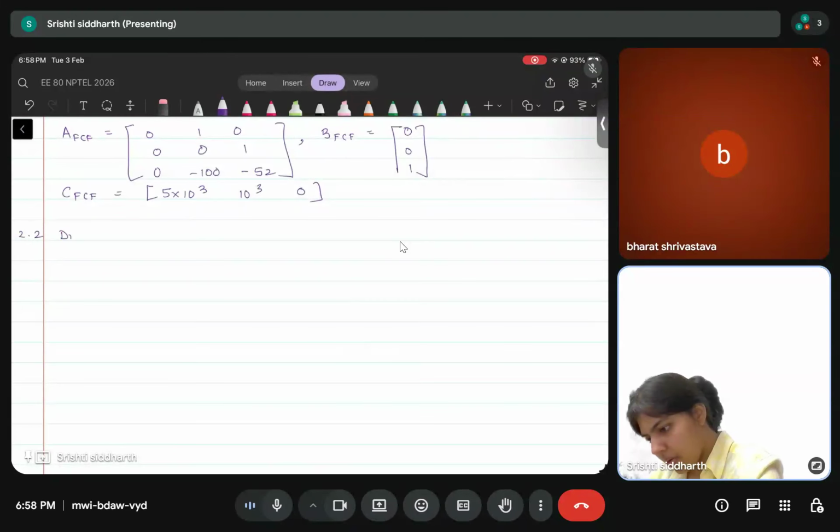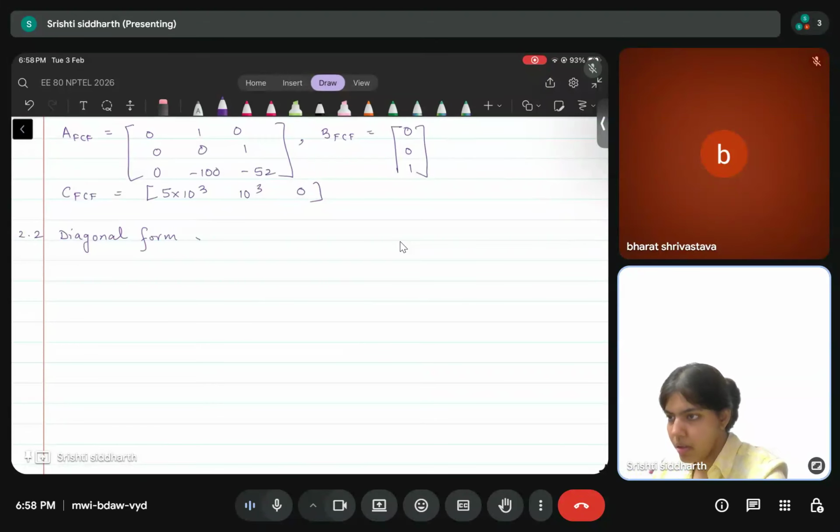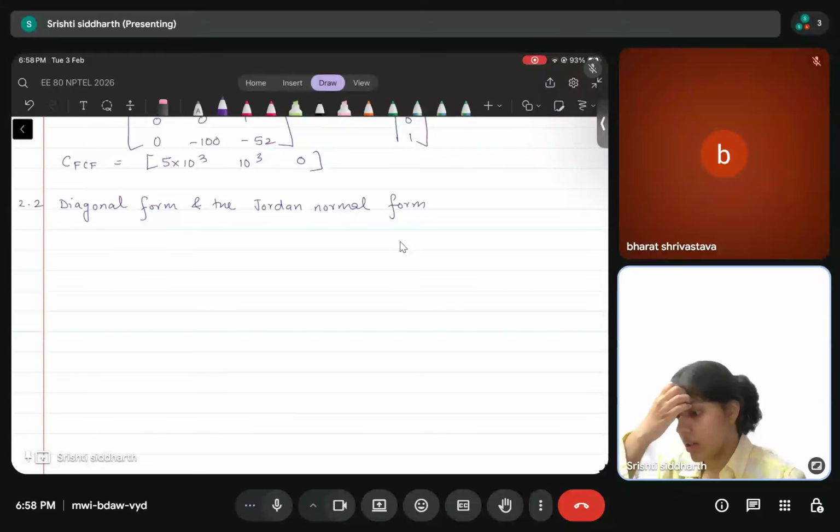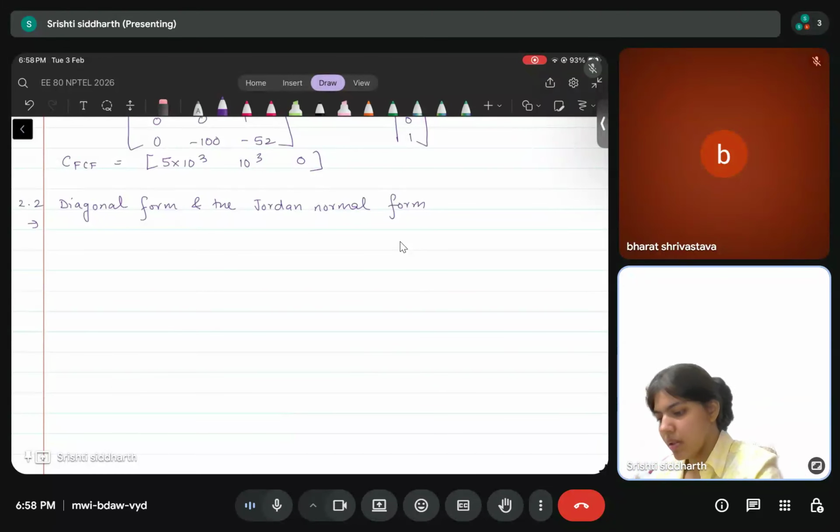We'll talk about diagonal form and the Jordan normal form. The key concept in this section is to know about partial fraction expansion.